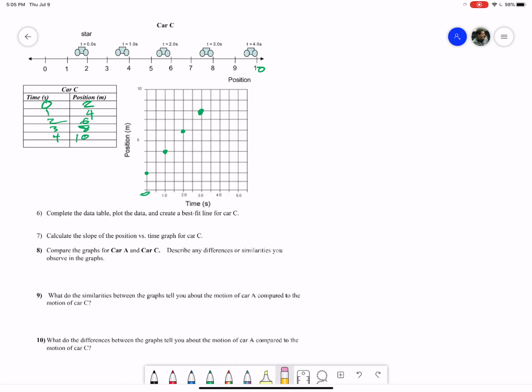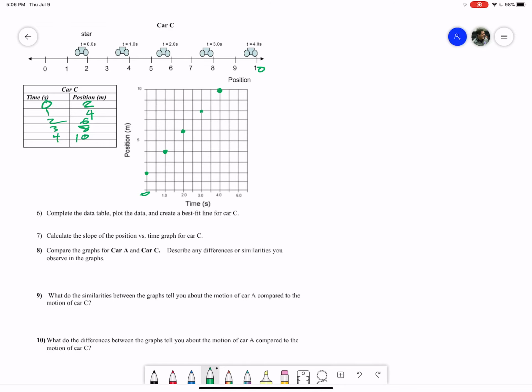That one's a little ugly. I'm going to fix it. There we go. And finally, 4 seconds, we are going up to 10 meters. There we go. All right.